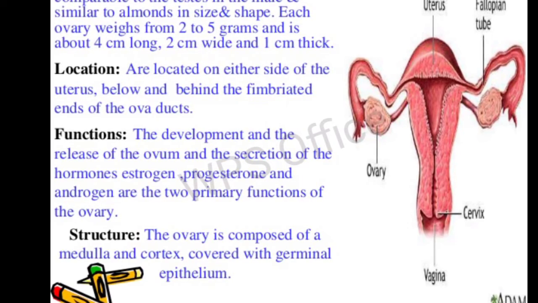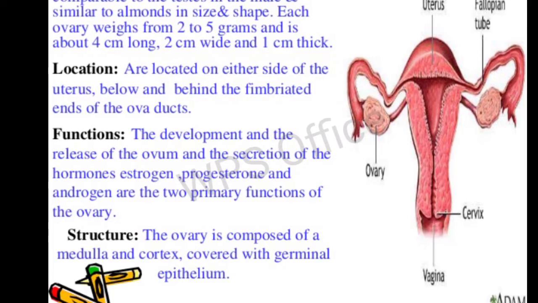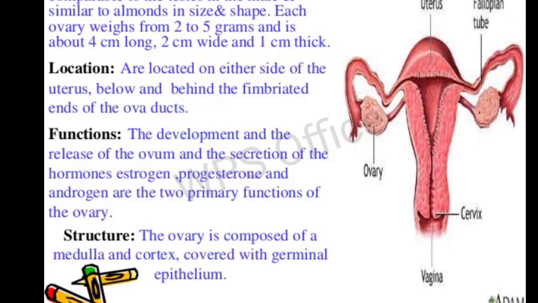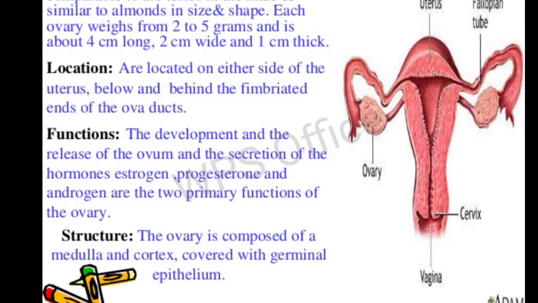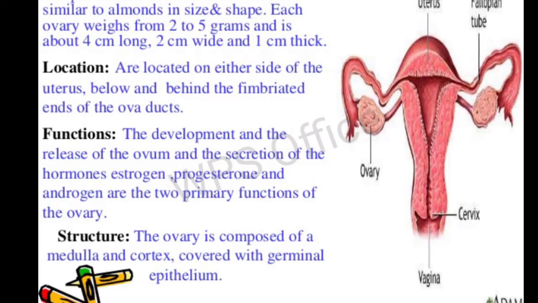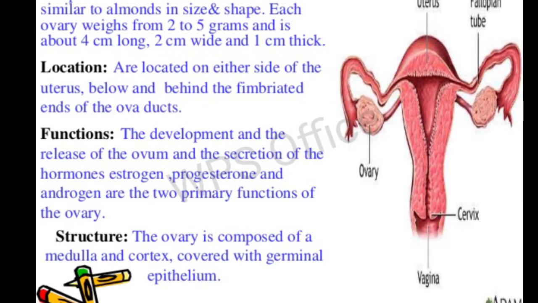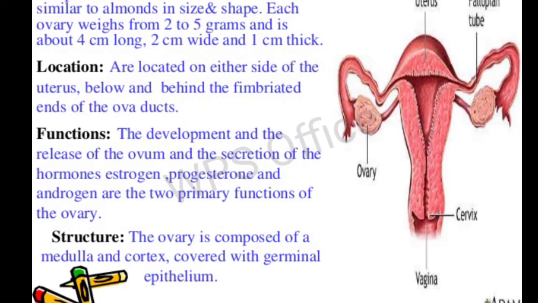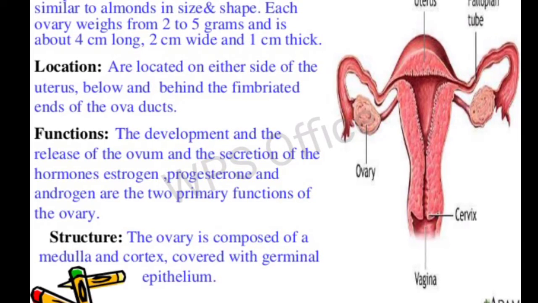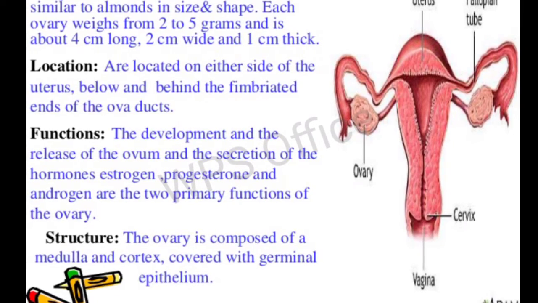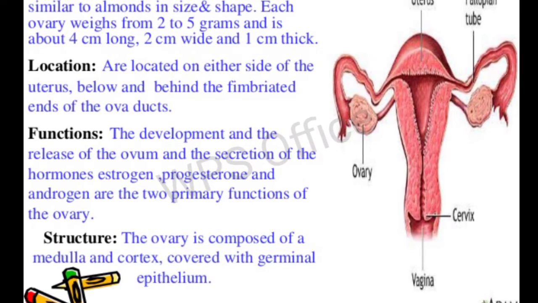So these fimbriae are the end parts of the fallopian tube. We can see in the picture the middle part is known as the uterus. Then the uterus extends on both sides with the fallopian tube. Then the fallopian tube extends through the finger-like structures lying at the end of the fallopian tube.